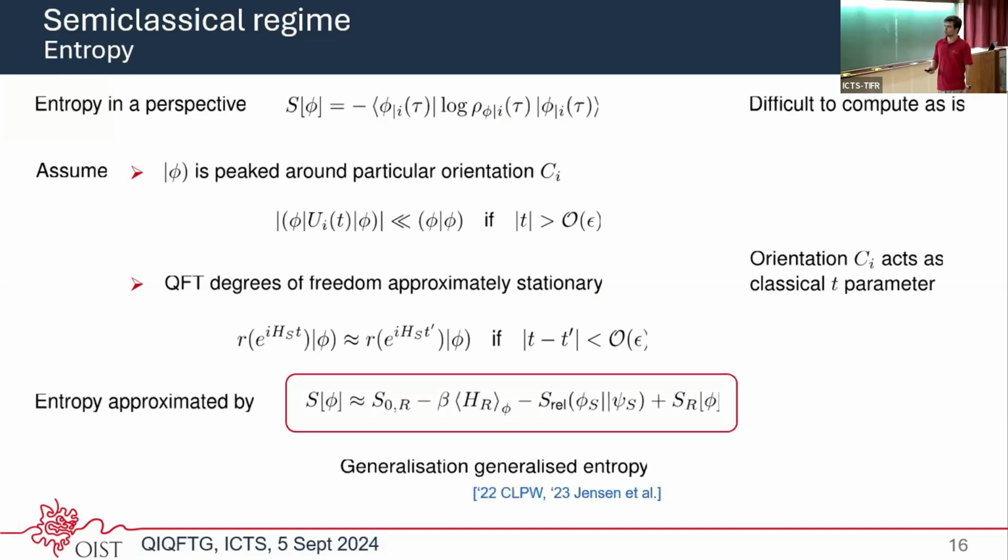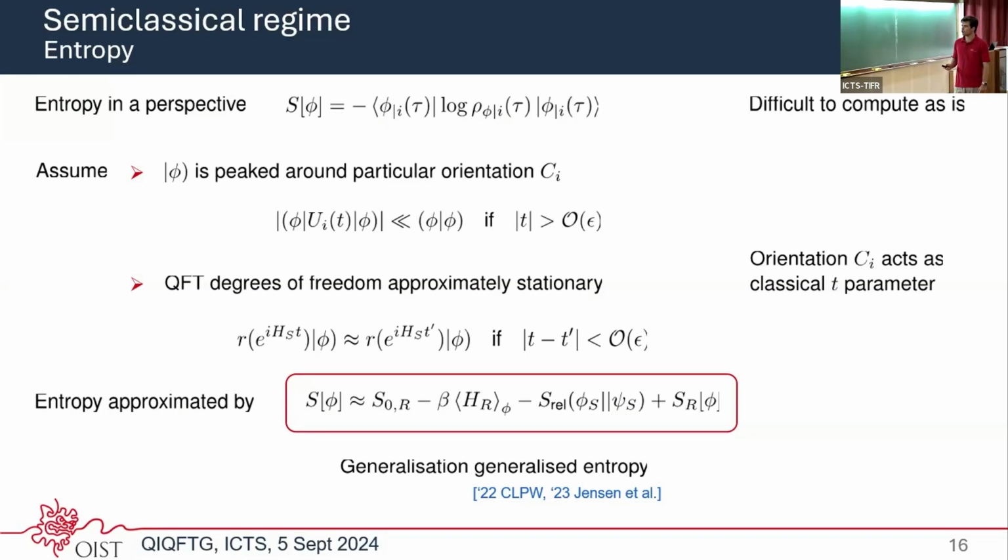And in this regime, you can prove this formula here, which looks very reminiscent of the formula in CLPW and also in the generalization by Jensen, Sorce, and Speranza. Namely, we have the Hamiltonian of the clocks, we have the relative entropy between our QFT states, so between the tracial state for the QFT and our chosen state for the QFT.